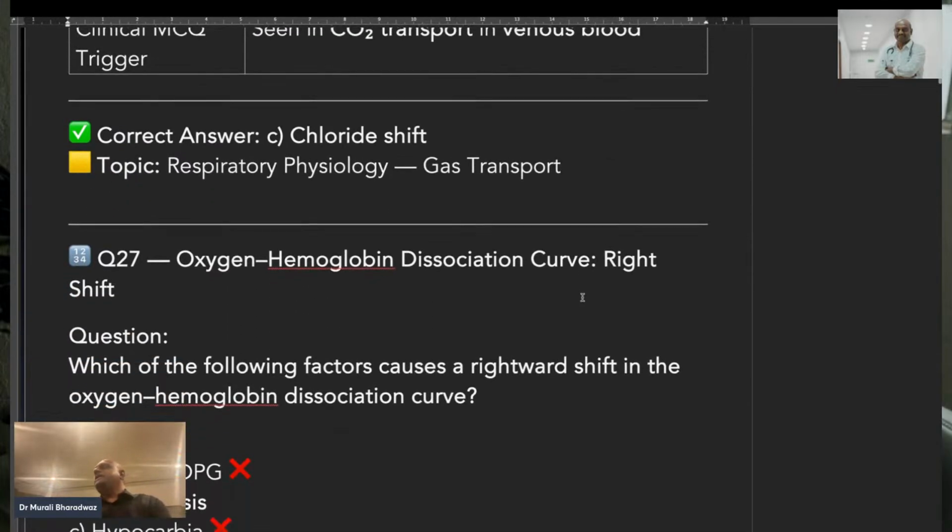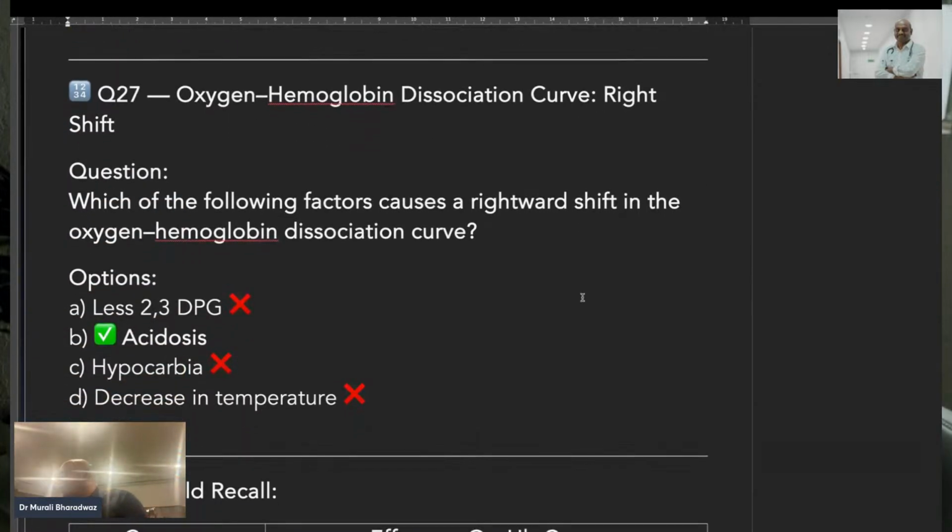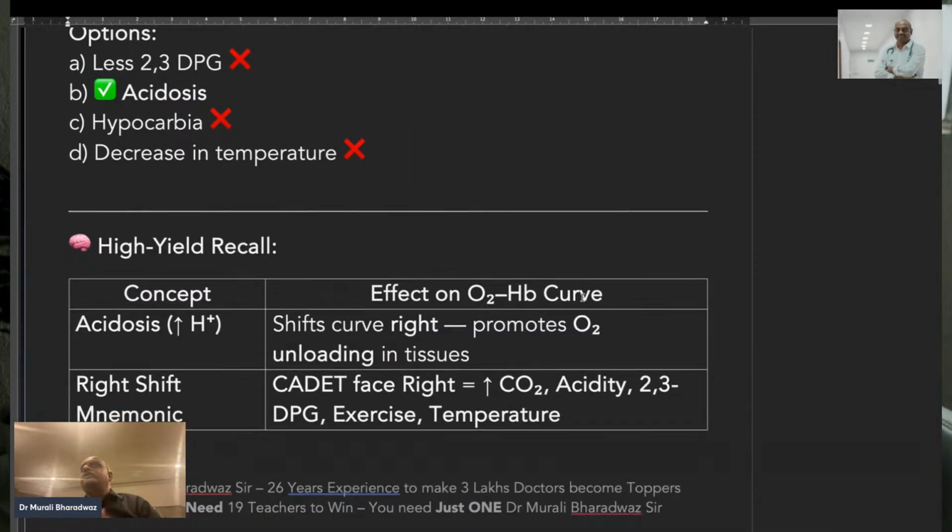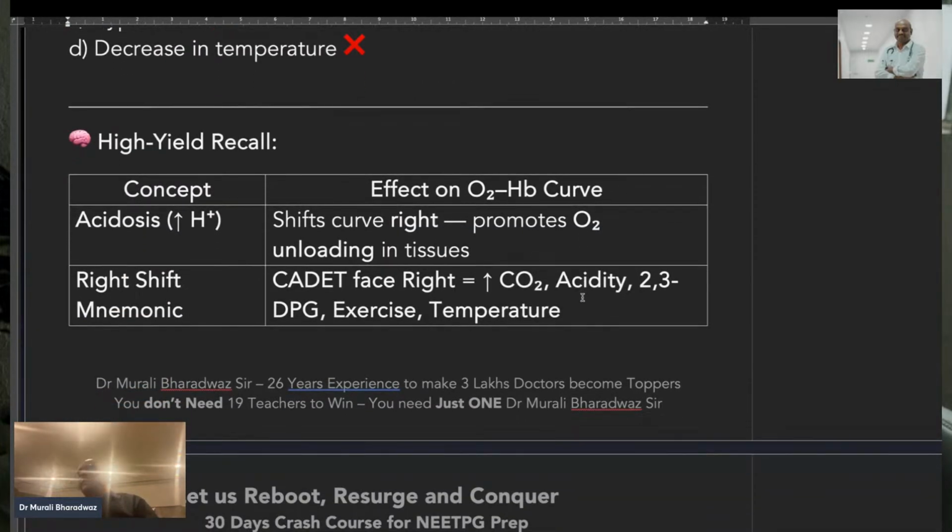Oxygen dissociation curve. Shift right, shift left. Mainly you need to know which will increase oxygen affinity. Shifting to the right promotes oxygen unloading.